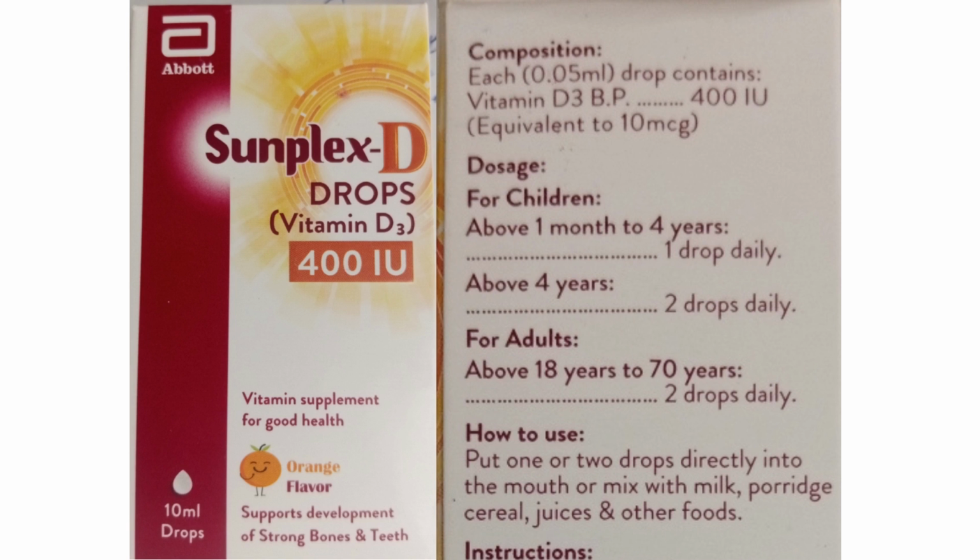Each 0.05 ml drop contains vitamin D3, 400 international units. Here the dose for children above 1 month to 4 years is 1 drop daily, above 4 years 2 drops daily, and similarly for adults, start from 2 drops daily, and depending upon the patient condition, you can increase the dose.